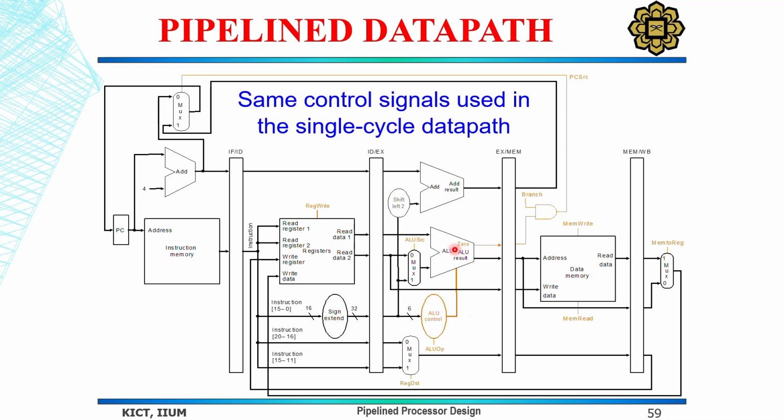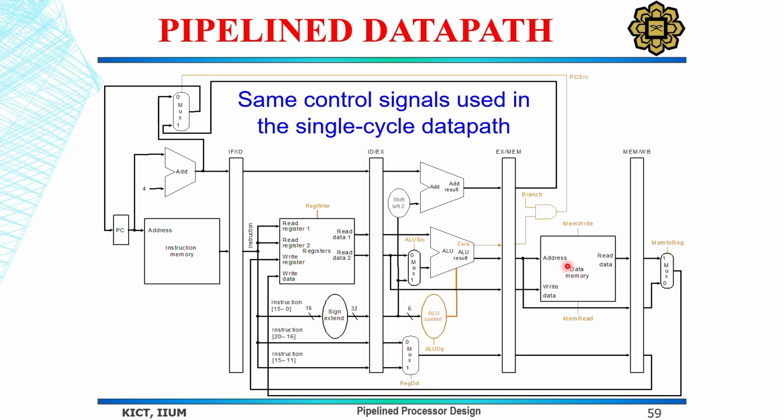In the execute stage it reads data 1 and 2 from the previous step and also gets the ALU control bits, the ALU source, all the information needed to process whatever we need to do for that particular instruction, and it executes over here.